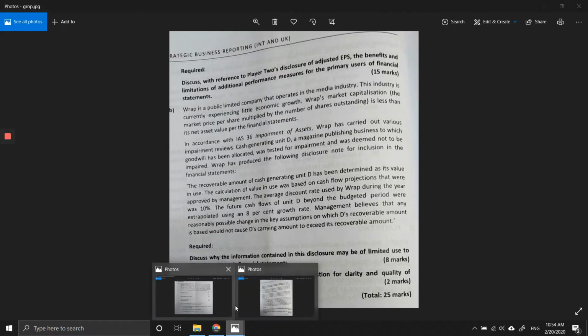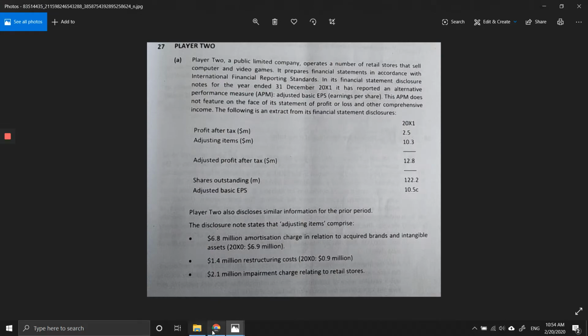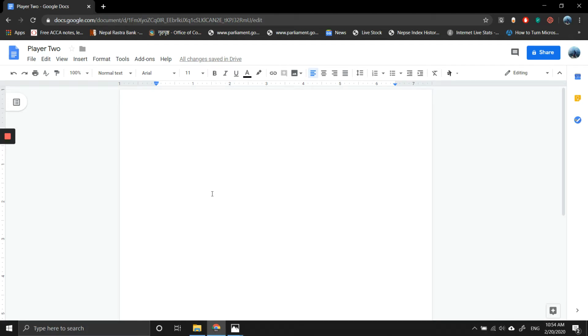Part A, okay, let's do it. This is additional performance measures, APM, additional performance measures.